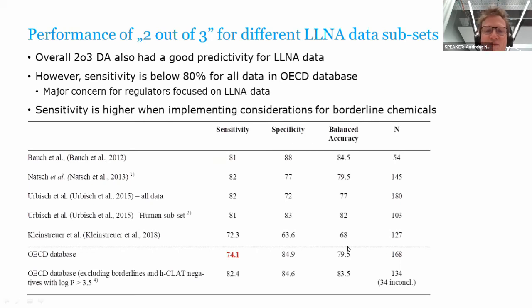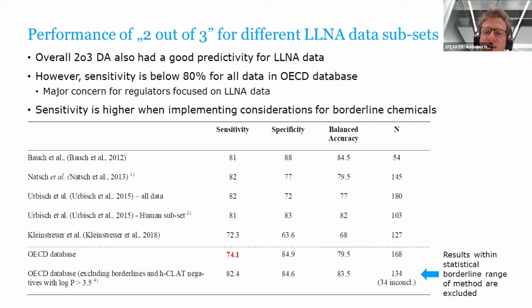And what was then very important, in this OECD database versus the LLNA, the sensitivity is lower as compared to when we look at human data. And this 70-40% was considered not good enough. But again, when we then looked at what are the chemicals which are just at the borderlines of the in vitro methods, we have 34 chemicals which are less certain.